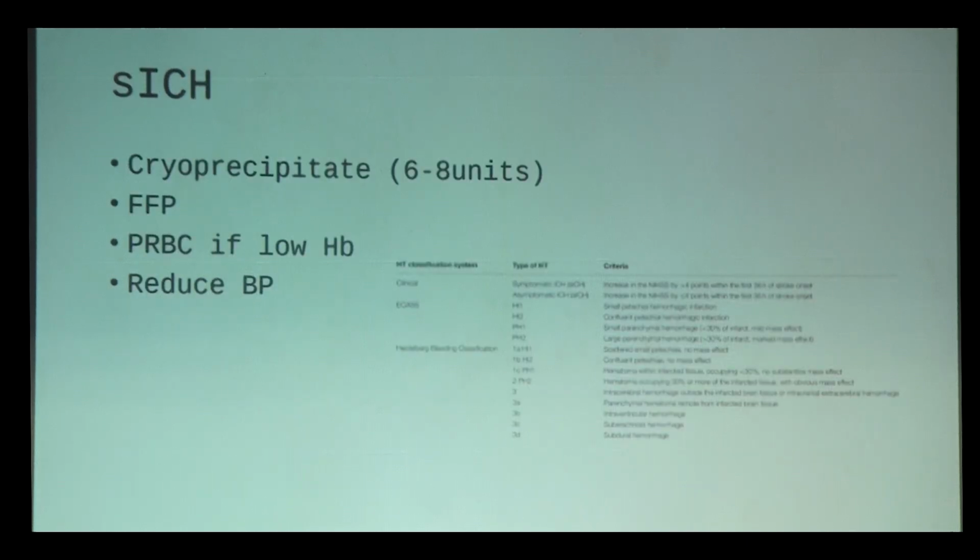In case of a symptomatic or non-symptomatic intracranial hemorrhage, the alteplase infusion should be stopped immediately, and CT has to be repeated to rule out any intracranial hemorrhage. And in case of any drop in Hb, consider PRBC and immediately transfuse cryoprecipitate up to 6 to 8 units, and FFP has to be arranged up to 8 to 10 units, and control the blood pressure.